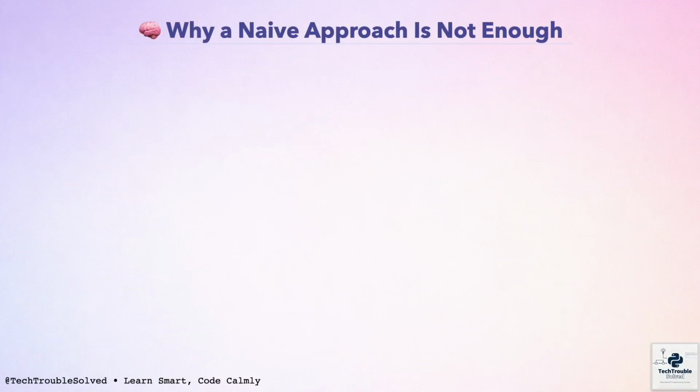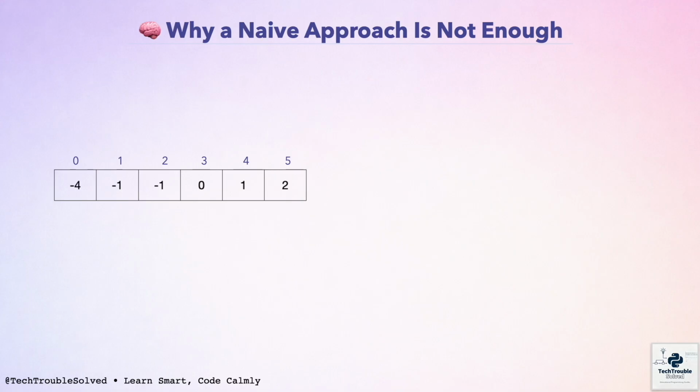Now that we understand the problem, the first idea that might come to mind is a brute force or naive approach. We could simply try every possible triplet of numbers in the array and check whether their sum equals 0. To do this, we could use three nested loops.